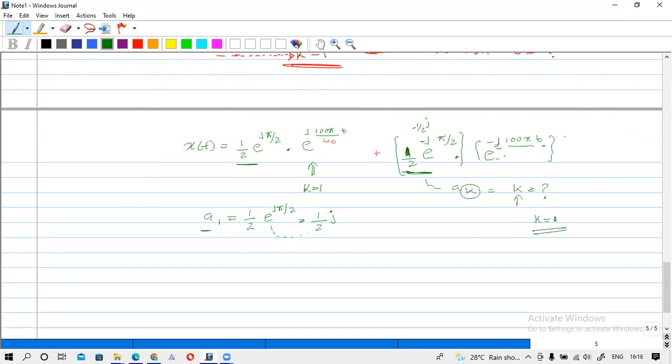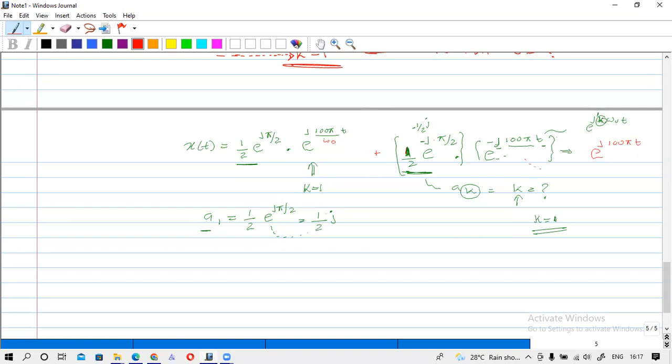If you think this k is equal to 1, it is just like this, e to the j k omega naught t. If k is equal to 1, this will be e to the j 105t. But here that is not equal, no? If you consider k is equal to 1, that term will look like e to the j 105t.